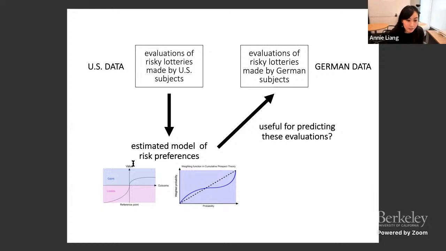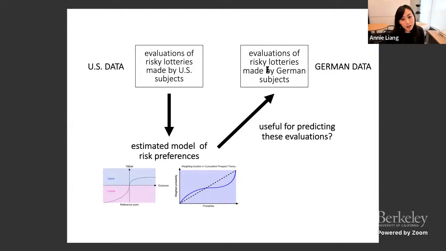The idea here is that individuals have a value function over money, which treats gains and losses differently. Moreover, people misperceive probabilities, and there's a very specific parametric form for how these misperceptions are enacted. So this is a model that we can use to predict evaluations of risky lotteries. We probably can't use this to classify images.